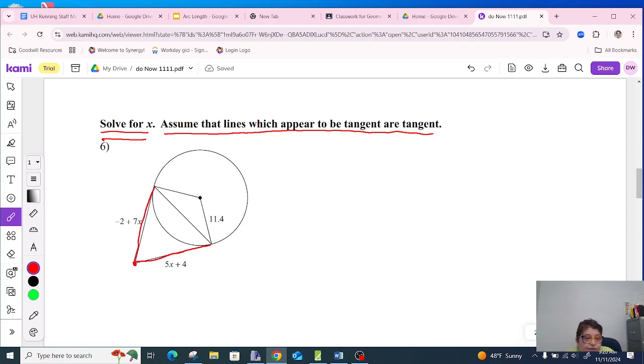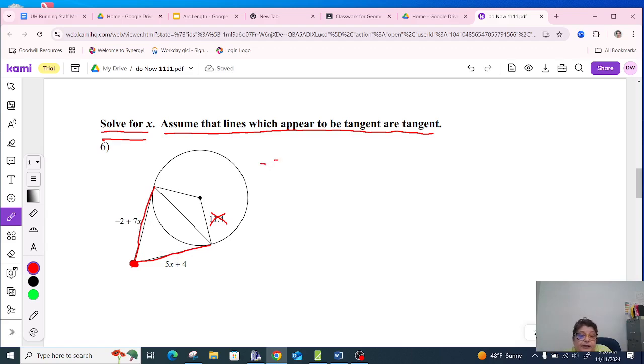If I have two tangent lines drawn from the same point outside the circle, then these lengths have to be equal. So you just set these two equal. Am I going to use 11.4 at all? No, I'm not even using this. All I do is set those two equal to each other, right?